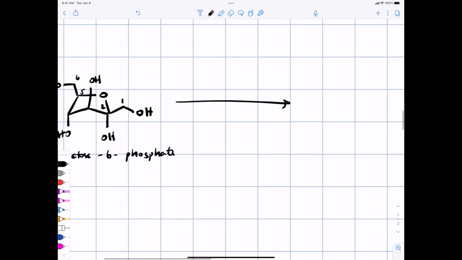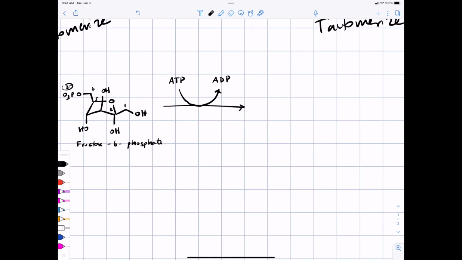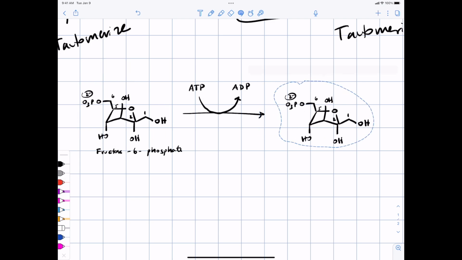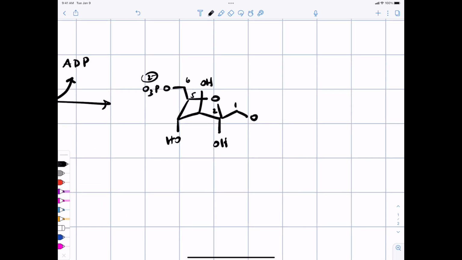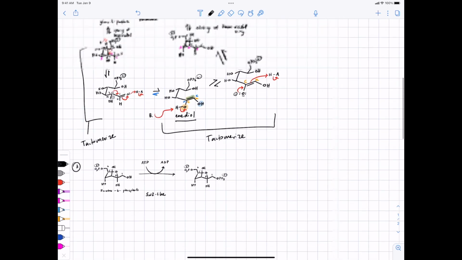This is another irreversible step. It's going to consume ATP and give us ADP out, and we're going to make a phosphoester. The new phosphoester is going to involve the C1 hydroxyl group. The mechanism is going to be SN2-like, the same thing we saw previously.